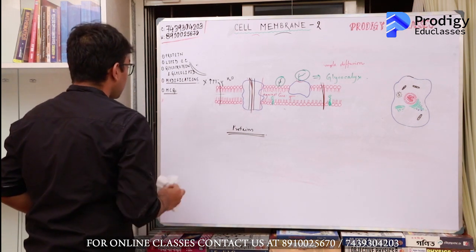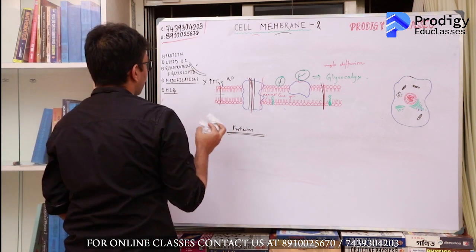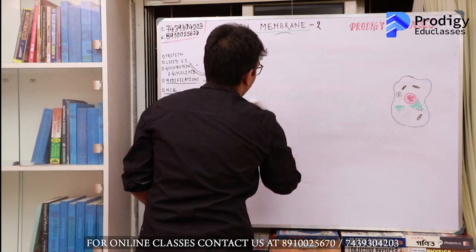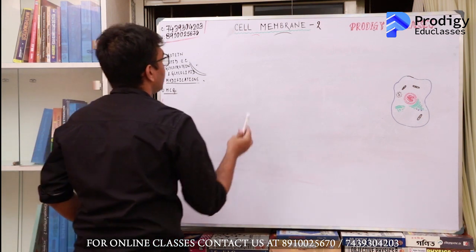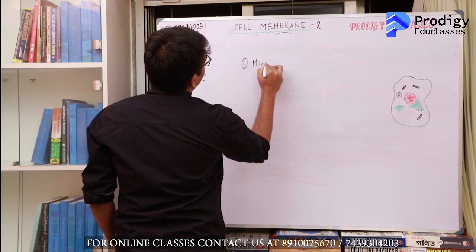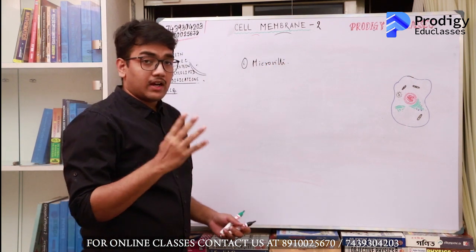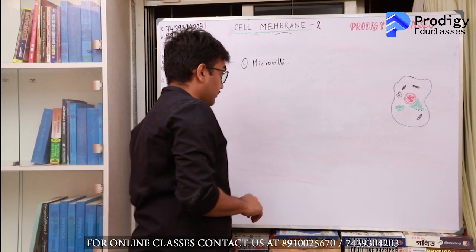Okay. Next we will come to the modifications of the cell membrane. If you look at the modifications of the cell membrane, the things you will want to know is number one, microvilli. Microvilli are finger-like projections on the apical surface of the cell.